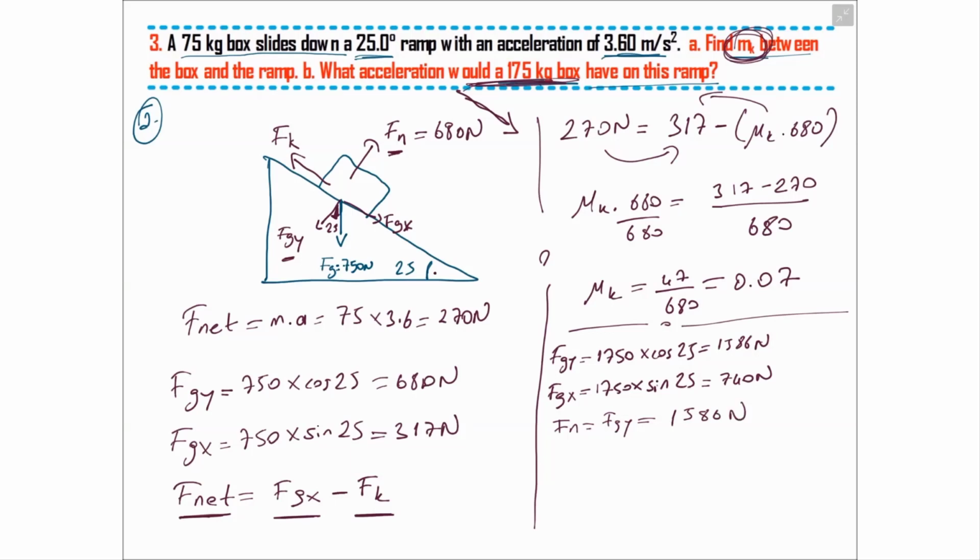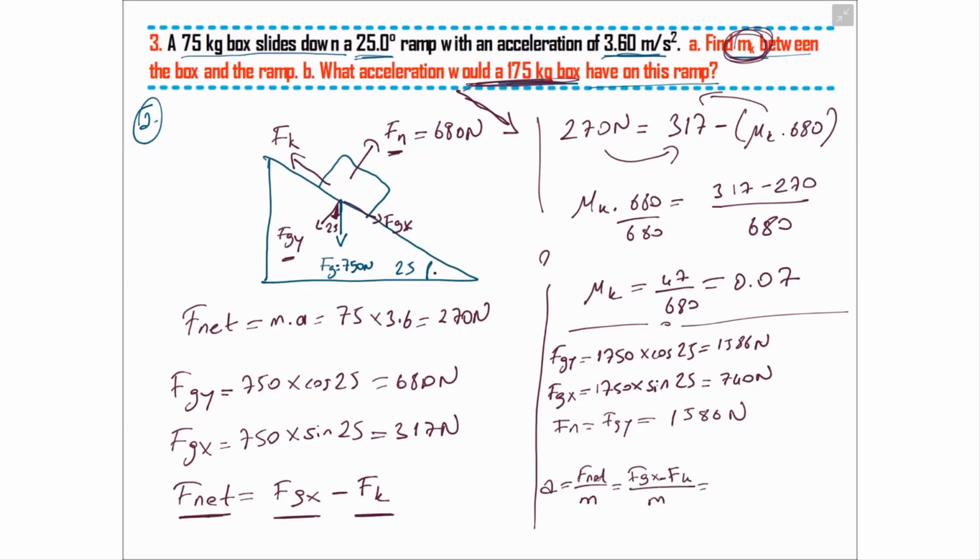1586 Newton. So acceleration will be F net over mass, and F net equals Fgx minus Fk, over mass.